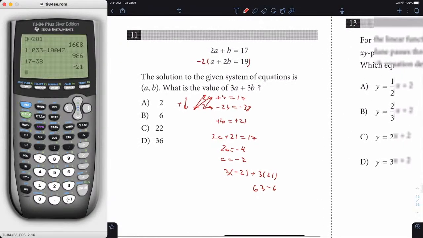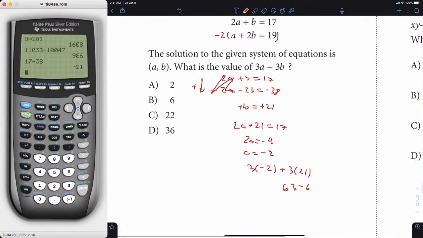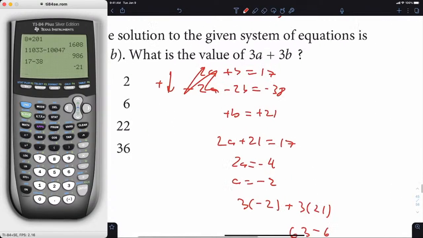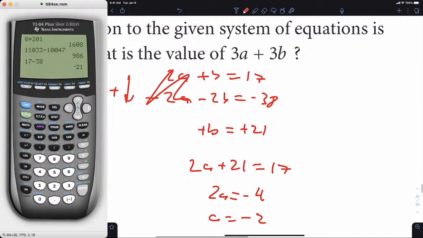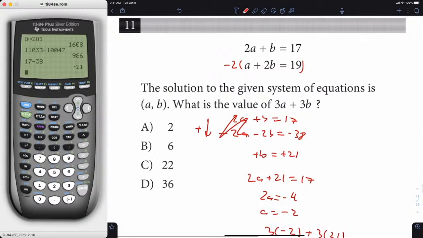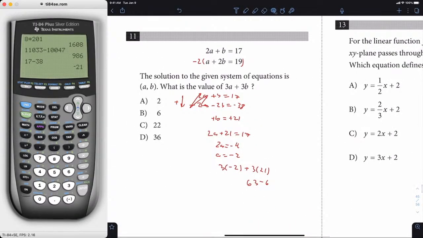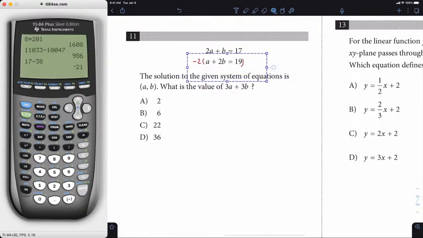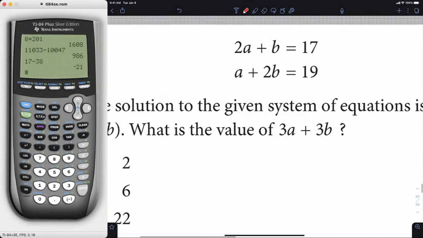Uh-oh. I don't like that. What did I do here? Hold on. Negative B is equal to... I don't know. Something didn't work out, so I'm going to redo the problem.